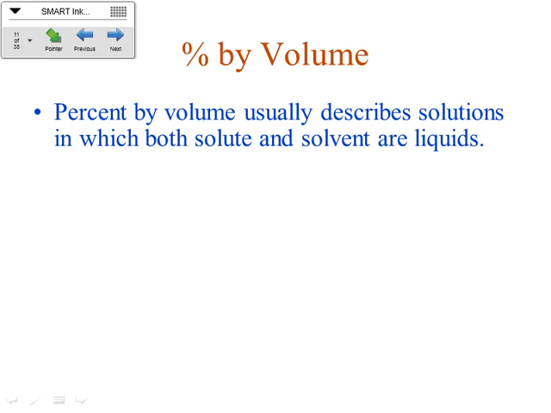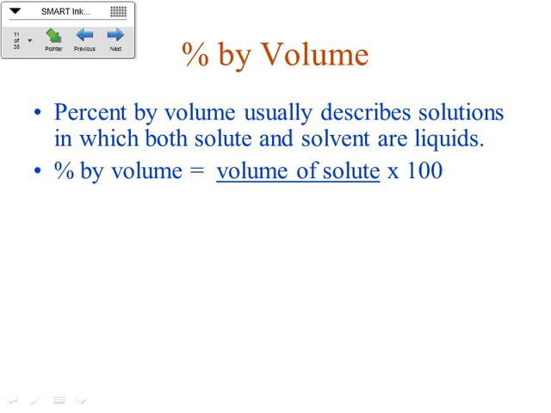Vinegar. When they tell you the percentage on the vinegar bottles, it's about 5%. That's a percent by volume. That means that 5% of the volume in that vinegar bottle is acetic acid, and the other 95% is water. Does that make sense?